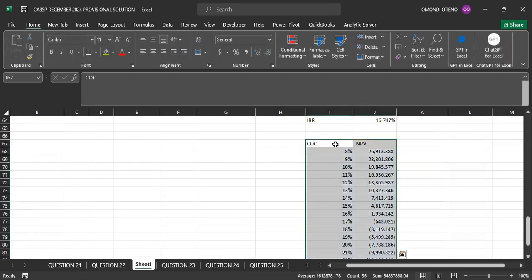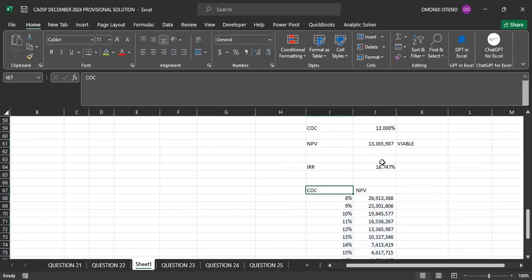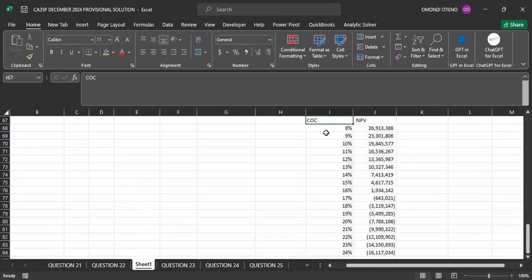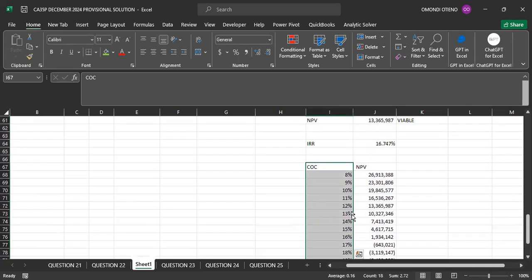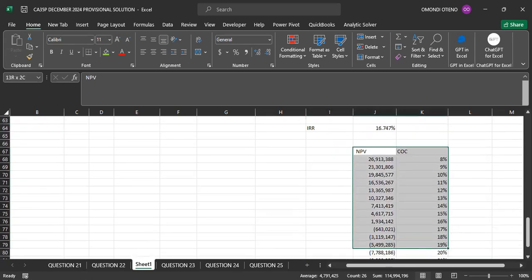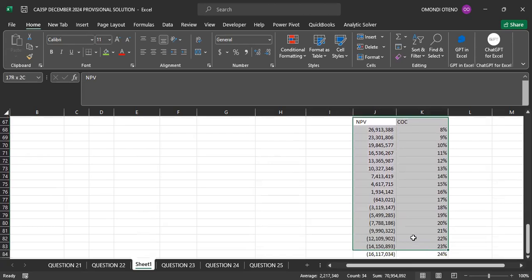Once you have these figures without the formulas, we know very well that the first column of what you've selected will be taken to the y-axis. So I just bring it to the other side.